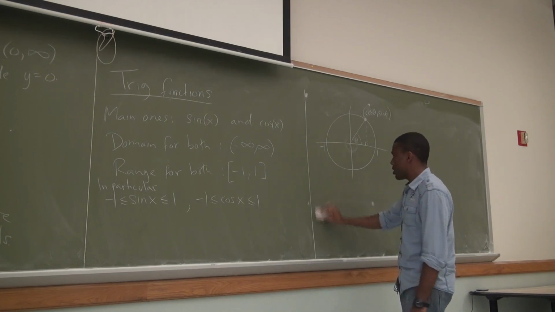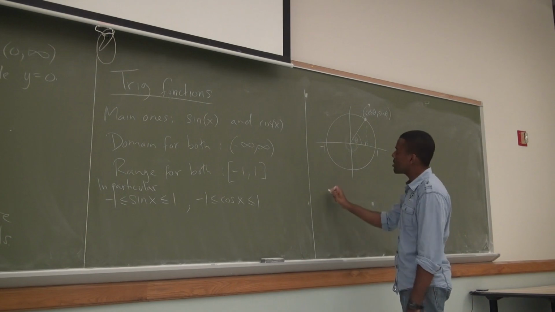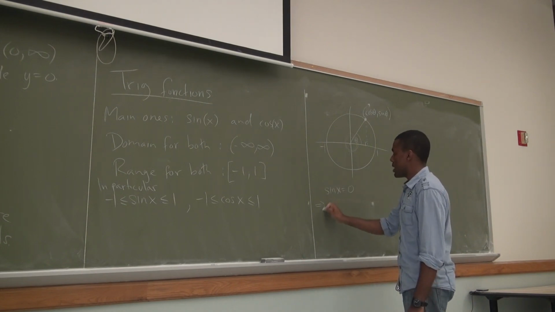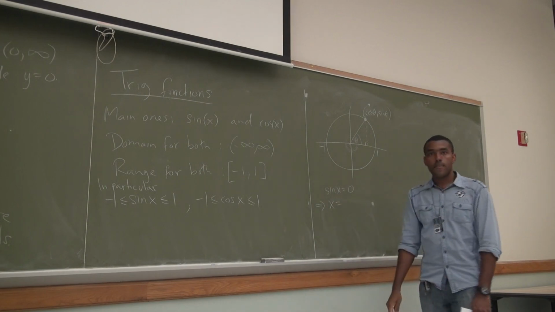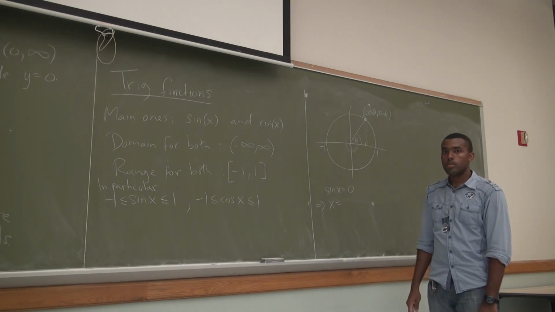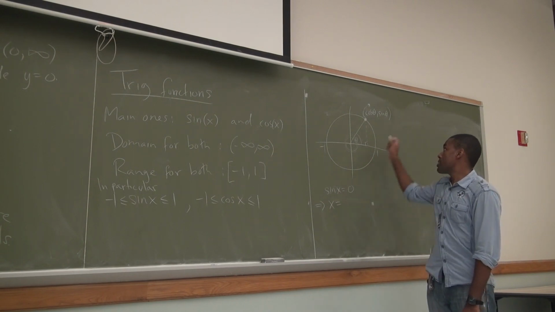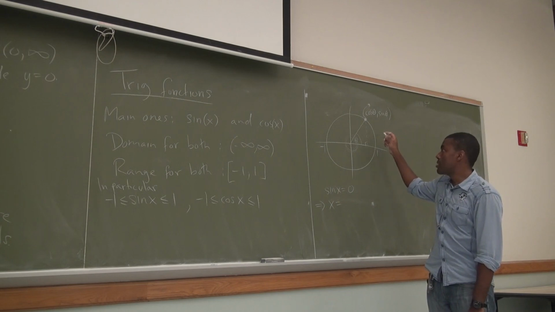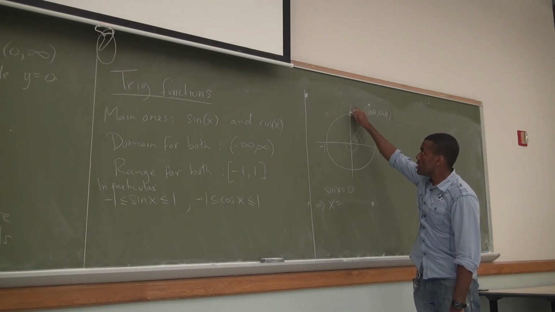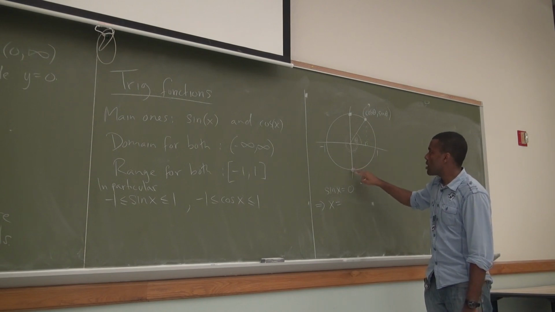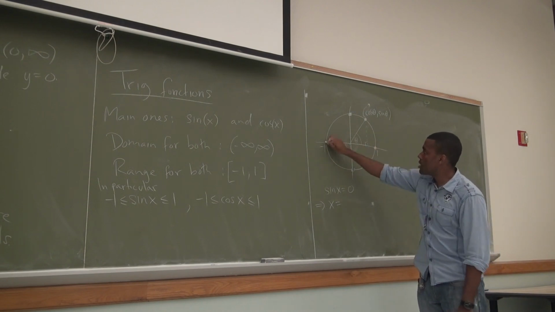Other things about sine and cosine that you should know at a glance. If you have sine x equal to 0, this means that x equals what? Well, sine x is equal to 0 where the y equals 0, here and here, right?